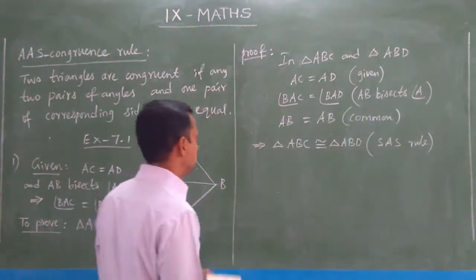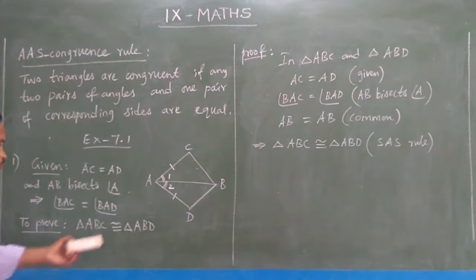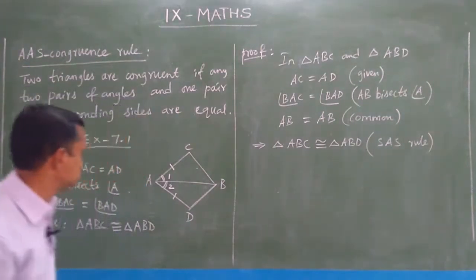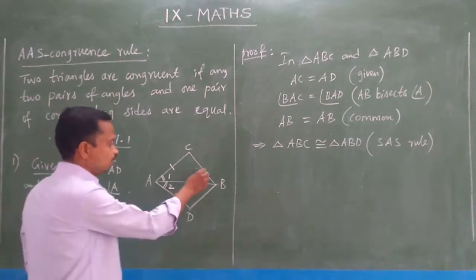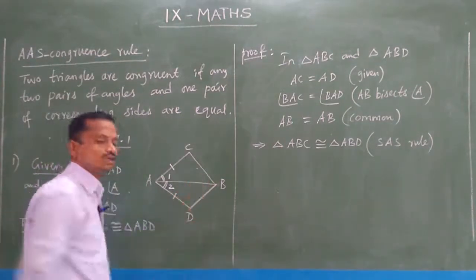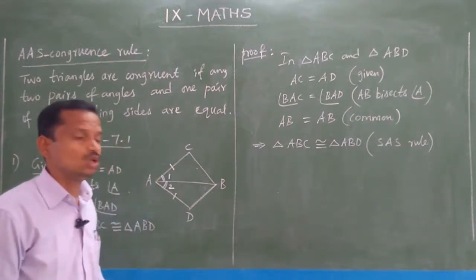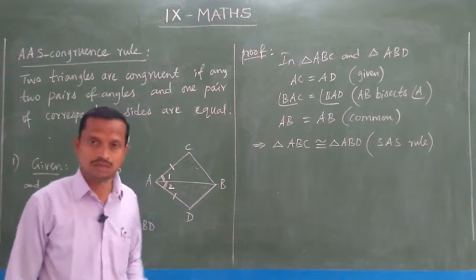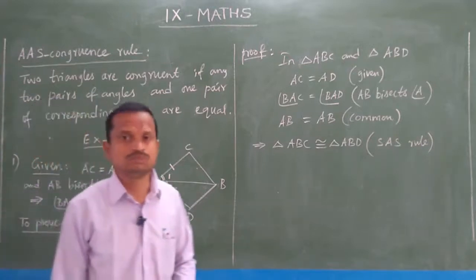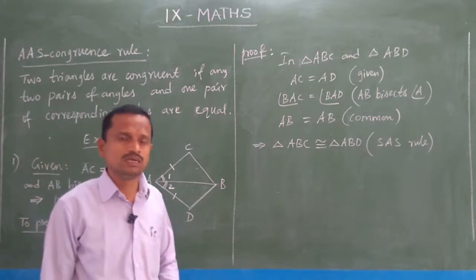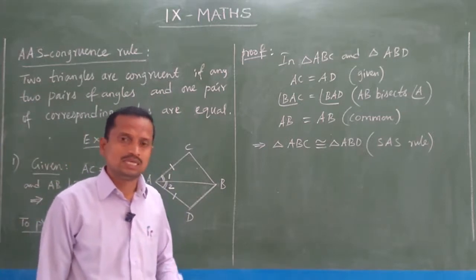After proving that they are congruent, the first part is done: to prove these two triangles are congruent. But in the question, it is asked: what can you say about BC and BD? That is the additional question. So after proving that the two triangles are congruent, now we come to CPCT. I have already explained what is meant by CPCT: corresponding parts of congruent triangles.